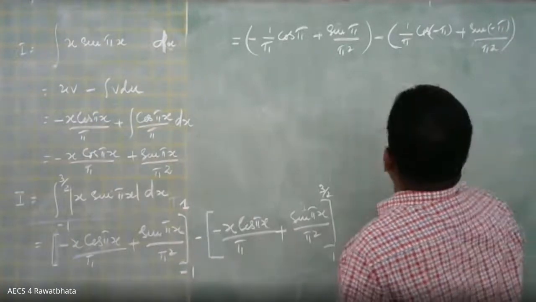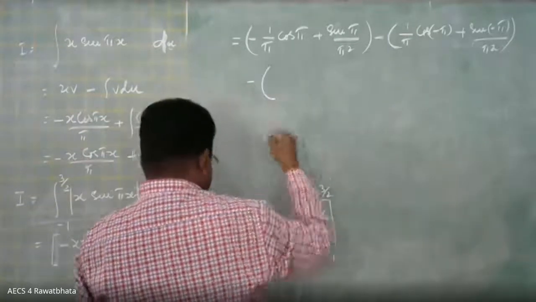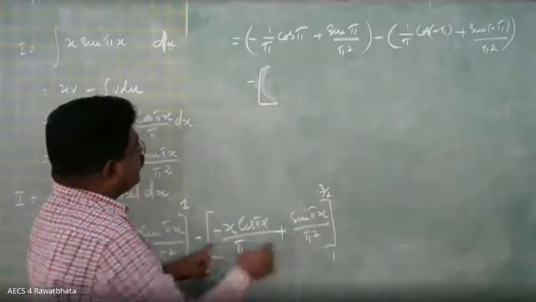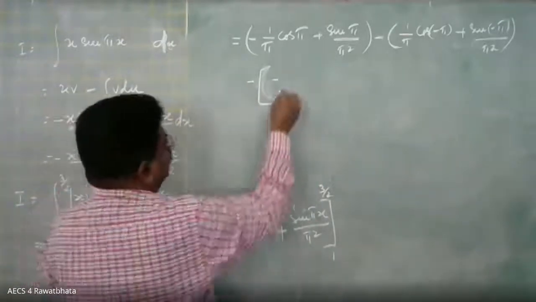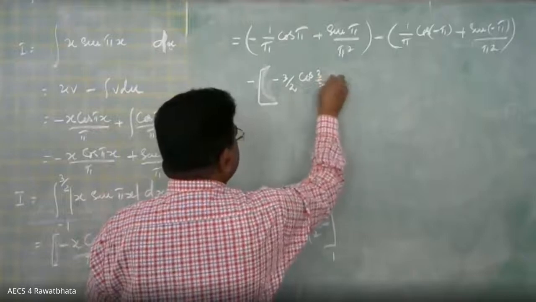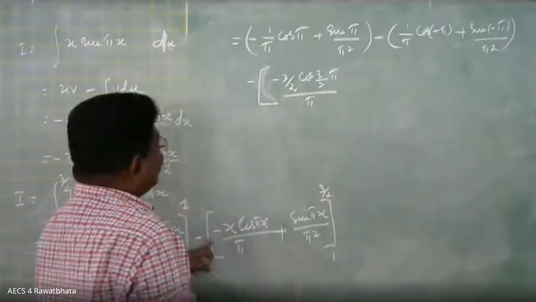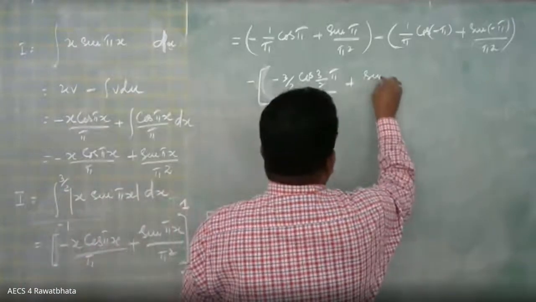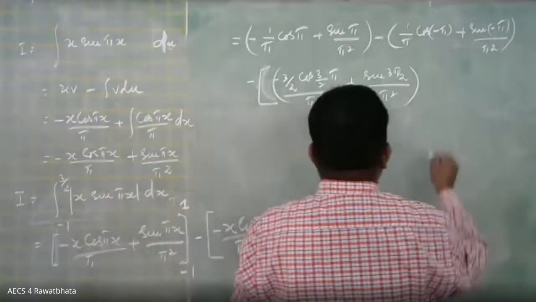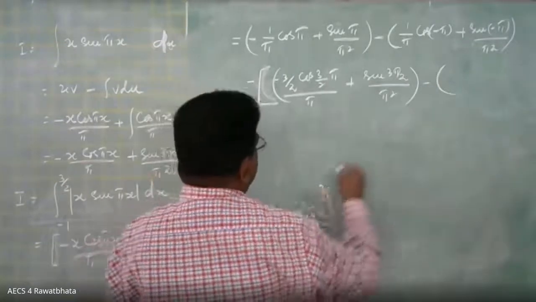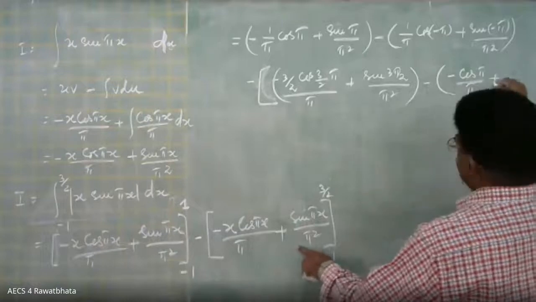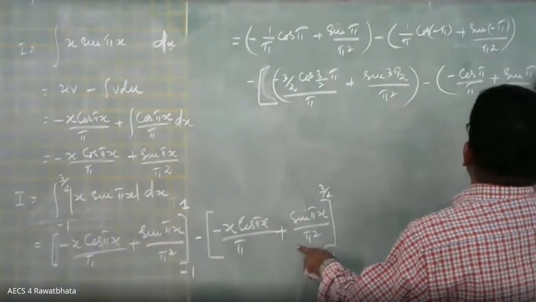Close the bracket. And minus of, open the bracket, upper limit x is 3/2: minus 3/2 cos 3 pi by 2 upon pi, and plus sine 3 pi by 2 upon pi squared, and minus of minus cos pi upon pi plus sine pi upon pi squared. Close it.